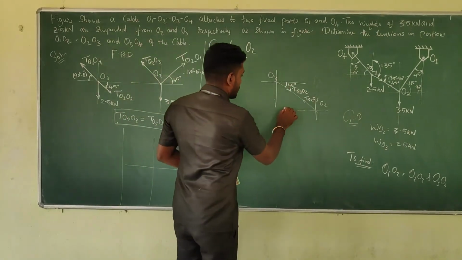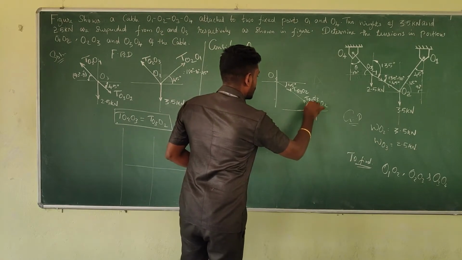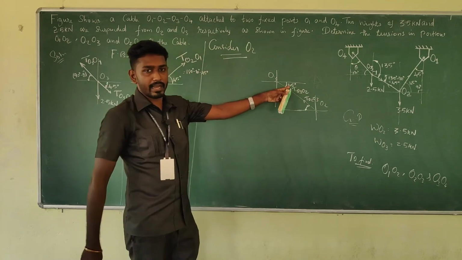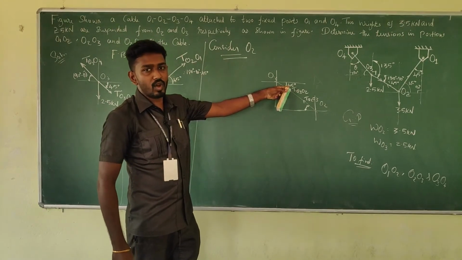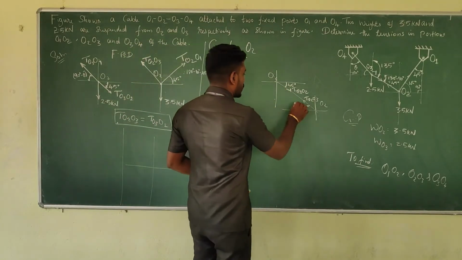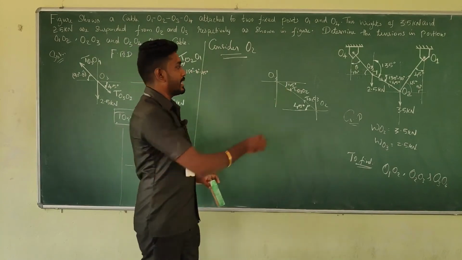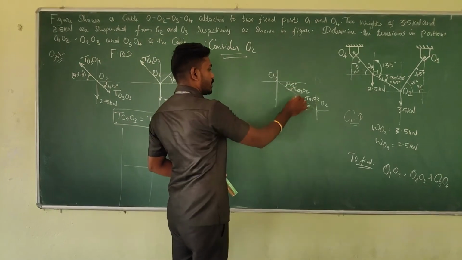So now see, this is parallel. Am I right? This is parallel with this angle. So we have a knowledge, always the parallel angles are equal. So naturally we can take this as 45, since here it is 45. Here the angle with respect to the x is 45.